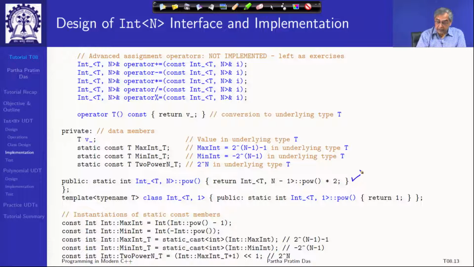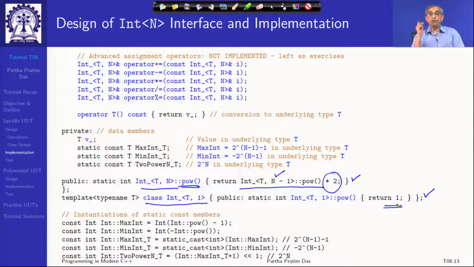So, there is a nice illustration of a function template here, where a function pow is being used. For function pow, it basically returns pow of n minus 1 times 2, right. It keeps on doing that till n becomes 1, in which case it returns 1.